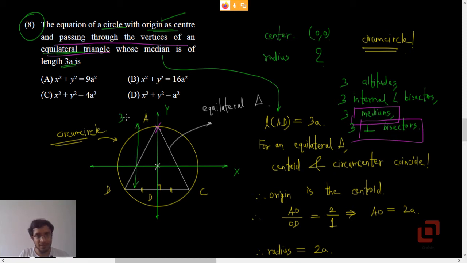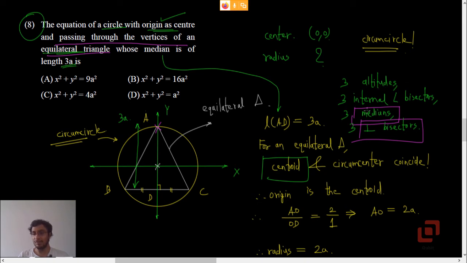So if this length is equal to 3a units, we also know that the circumcenter of the equilateral triangle is now also going to be the centroid, because if these 4 lines are coincident, then their points of concurrence will also be coincident.